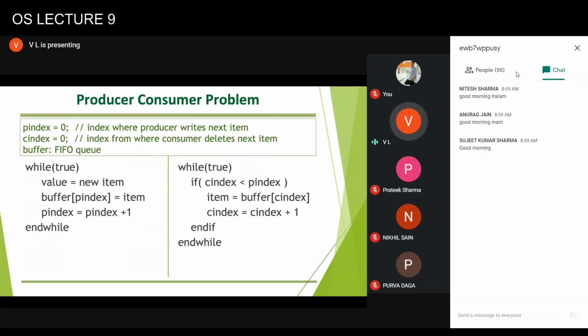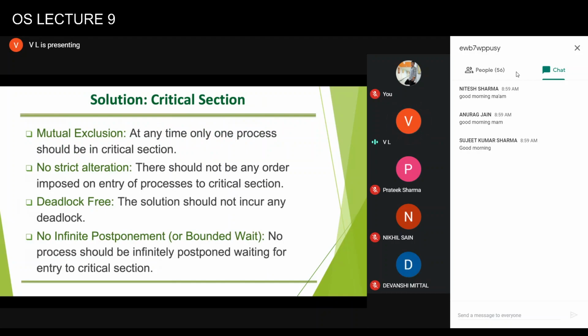We'll come to this producer-consumer problem again, but right now, any solution to the critical section problem should be mutually exclusive, meaning only one process should be in the critical section. There should not be any strict alternation, where one process is executing, then the second process gets a chance, then the first process gets a chance, so processes enter their critical section in a sequence, one after another.